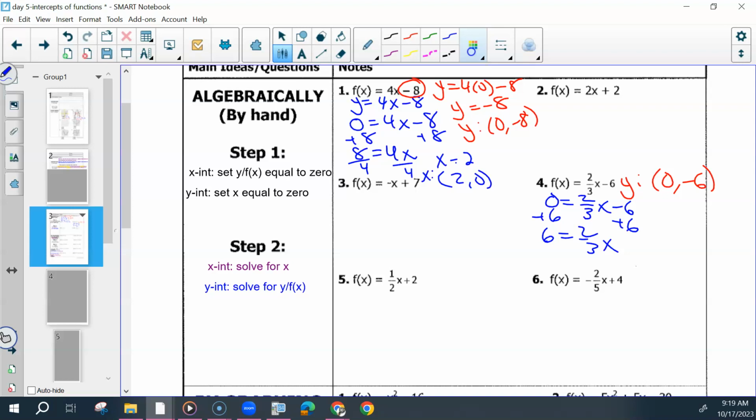And then doing what to get rid of the 2/3? So at this time, we should be thinking about not dividing, but the opposite, multiplying by the reciprocal. So taking it and flipping it and multiplying on both sides. So that x equals.